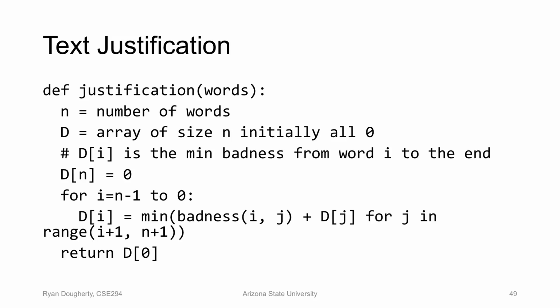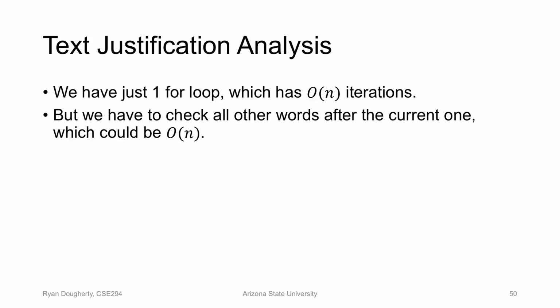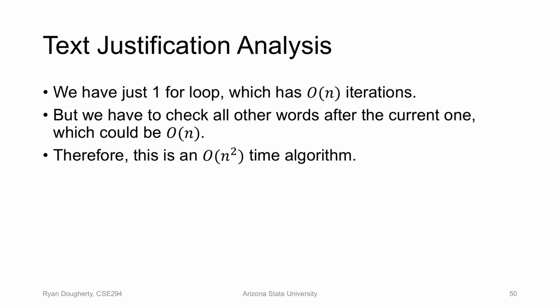So the inner part of the loop is doing a linear search over the list. We have order n iterations up here, and each takes order n time, because it's just a linear search. Therefore, we have an n squared time algorithm. It's pretty simple.